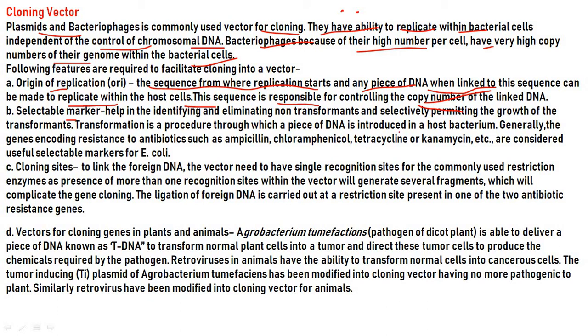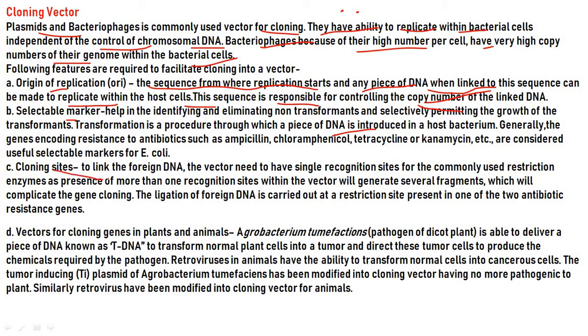Transformation is a procedure through which a piece of DNA is introduced into the host bacterium. Generally, genes encoding resistance to antibiotics such as ampicillin, chloramphenicol, tetracycline, or kanamycin are considered useful selectable markers for E. coli.